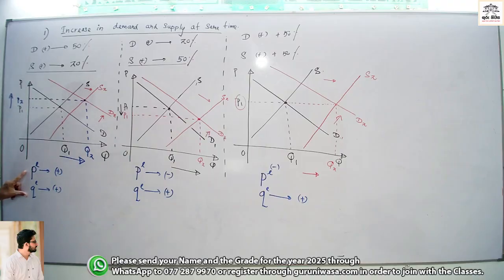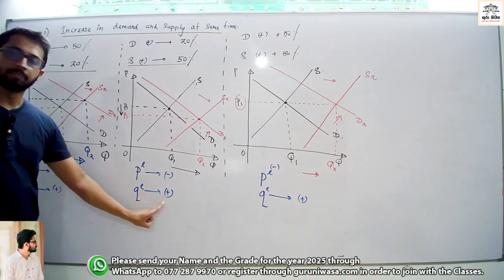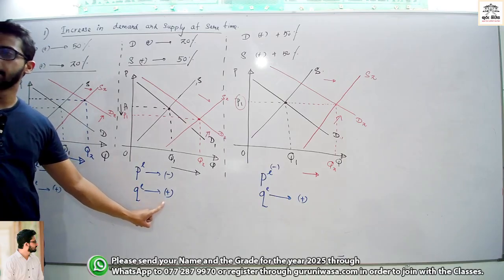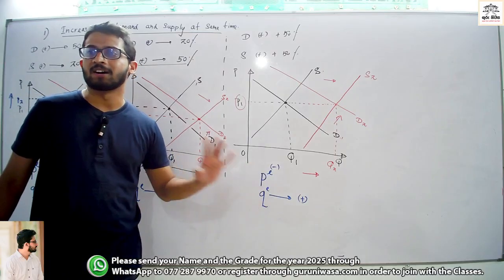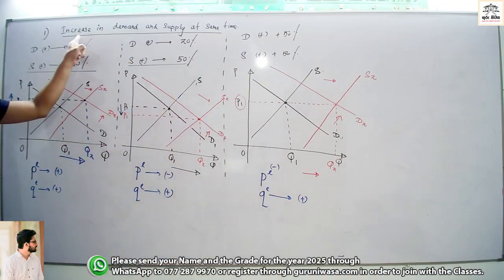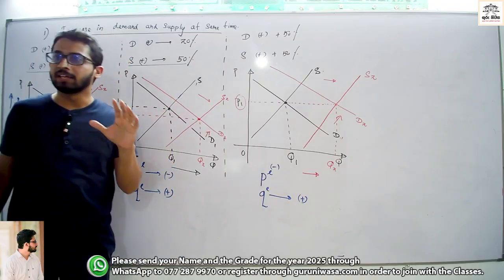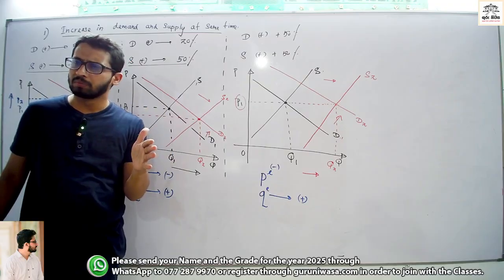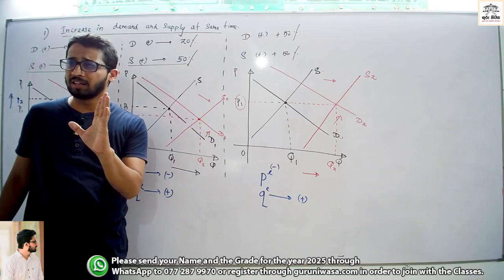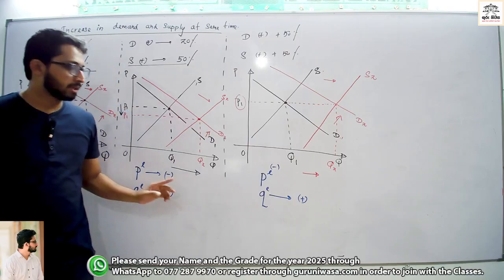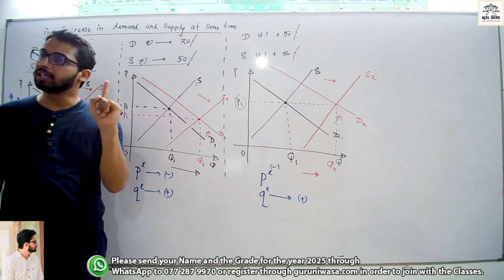First one, Dipna, what happens to equilibrium quantity? Increase. Second one, equilibrium quantity, increase. Third one, increase. Remember, when both demand and supply increase at the same time, we can say one thing definitely: equilibrium quantity increases.